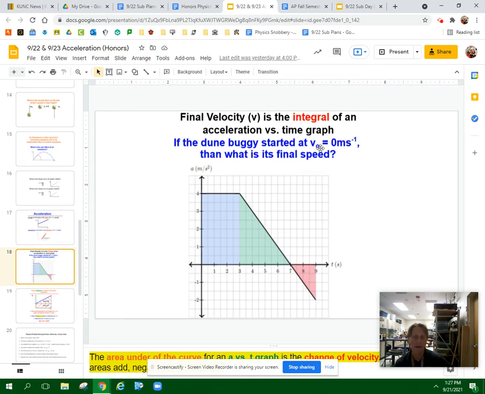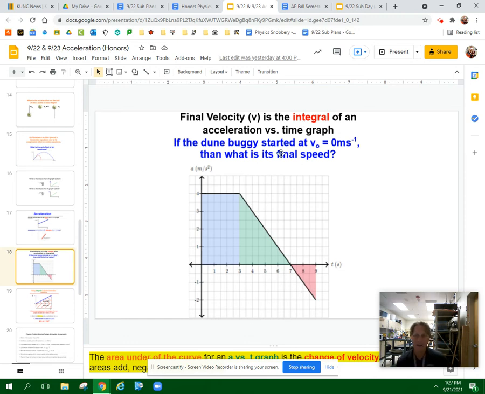And let's just assume that the buggy started from velocity 0. And so any change of velocity that would occur would just add on or subtract from 0. Okay. But notice how you have a rectangular section, acceleration with respect to time. You have a triangular section. These are both in the positive part of the graph, and this is in the negative part of the graph. So actually talk with your partners and see if you can agree with an answer right now.